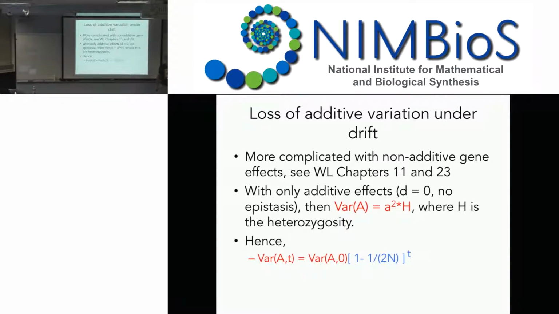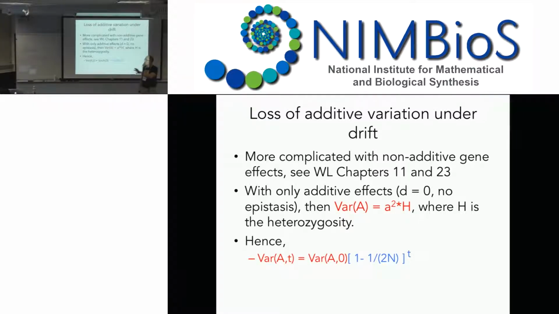So if I have a finite population size and no mutation, over time I'm going to erode and lose my additive variation and therefore lose the ability for that trait to evolve. Now obviously mutation will come in and we'll talk about that in a second. But key concept number 2 is drift not only causes allele frequencies to change over time, but it also causes the additive variation, in the absence of other forces, to become lost over time.